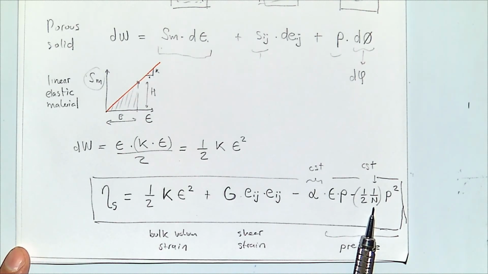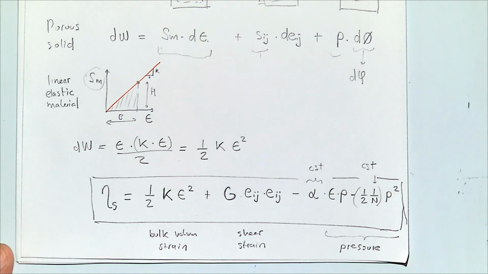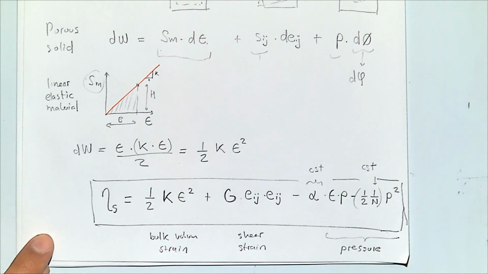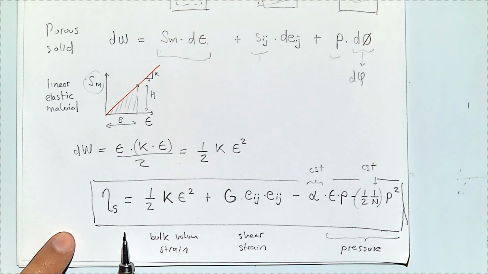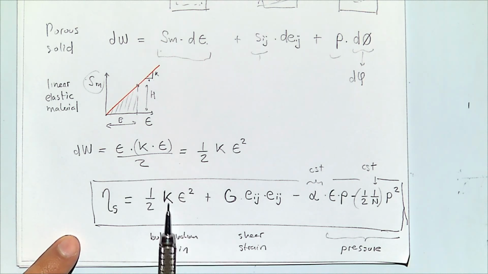What are we solving for again? For, well, here, eta S. Yes, we have an equation that tells us what is the energy of a porous solid based on the volumetric strain proportional to a value that we know.